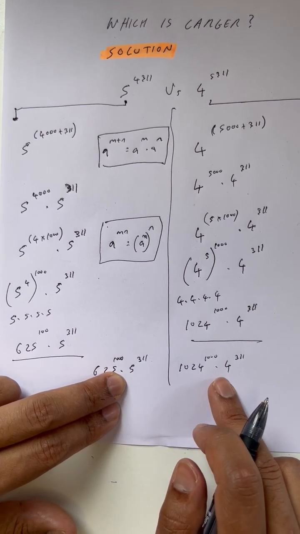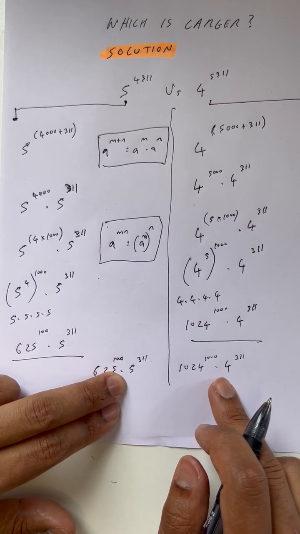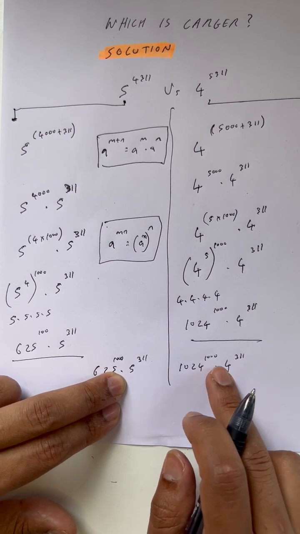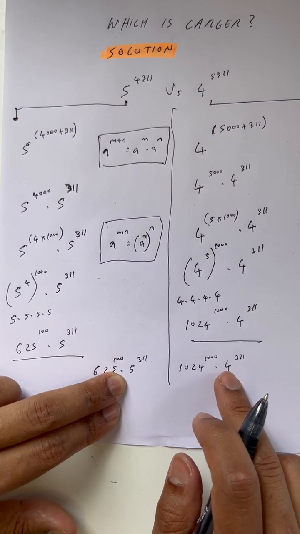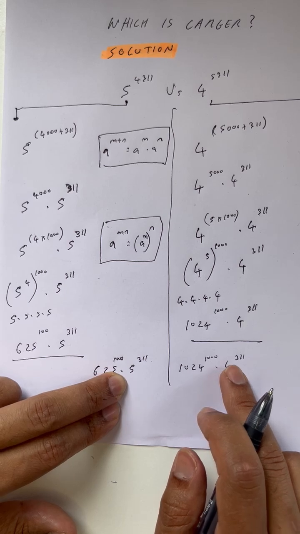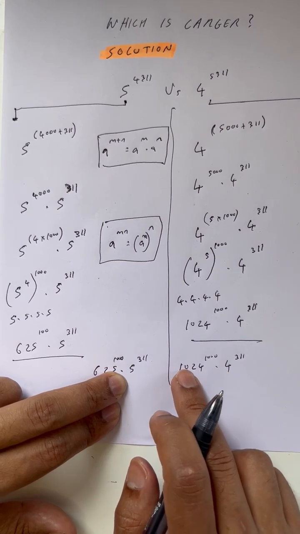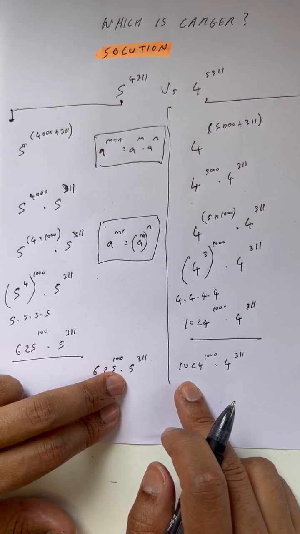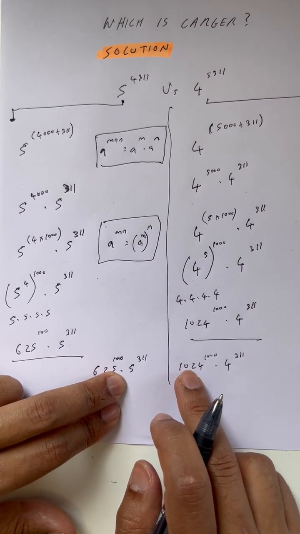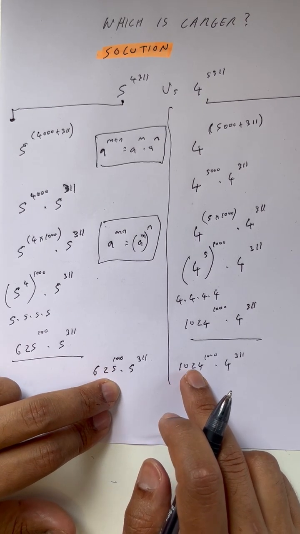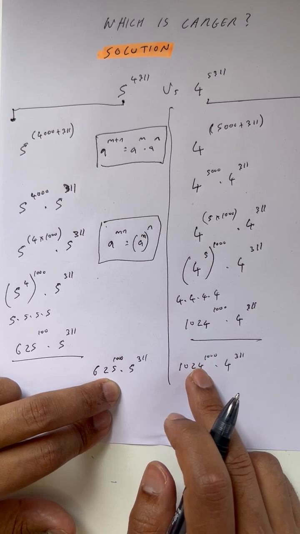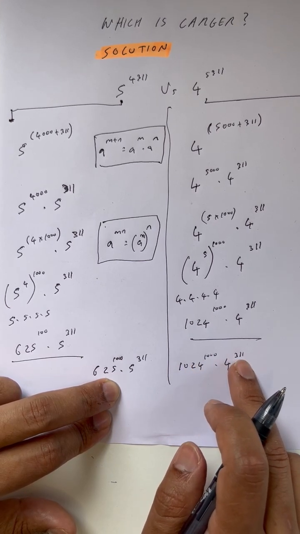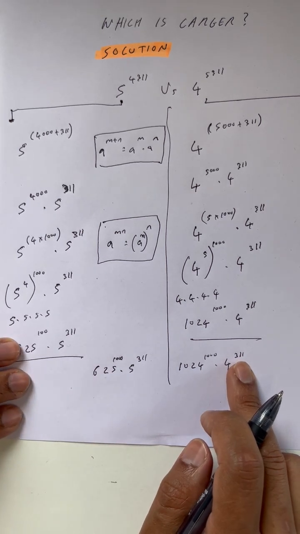So we need to try and re-express this number. We need to try and make this number 4 bigger. We need to try and increase it, even if we have to borrow from 1024. And the way we would do that is to break down 1024 to the power of 1000 in terms of the factor 311. So let me explain what I mean by that.